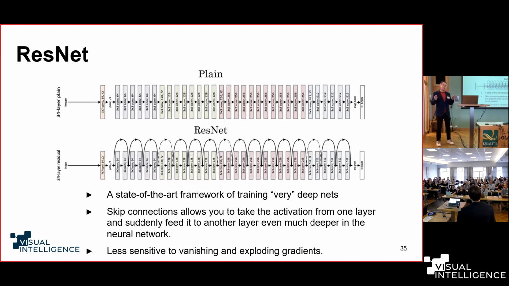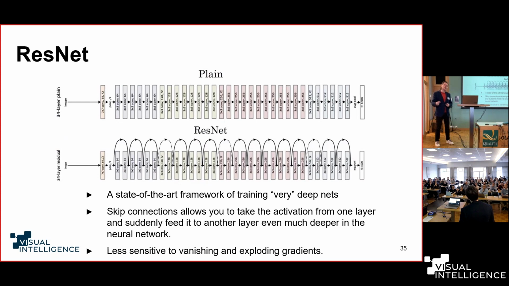And when these came, they were very, very deep nets. Suddenly, we changed from 7 layers to 100 layers. Totally crazy in terms of what we used to be able to do. This skip connection allows you to take the activation from one layer and feed it to the end of it, more or less instantly.